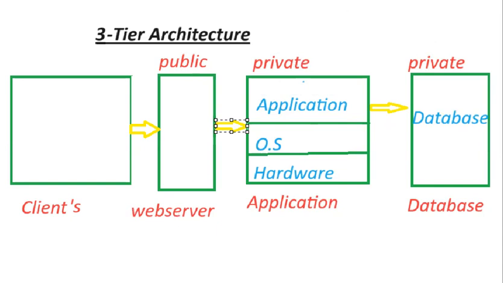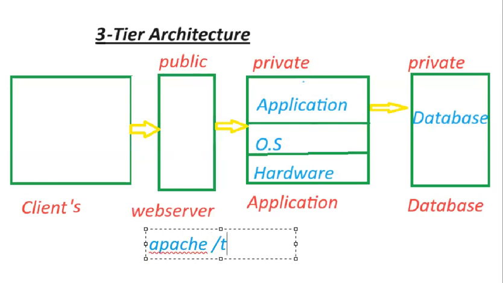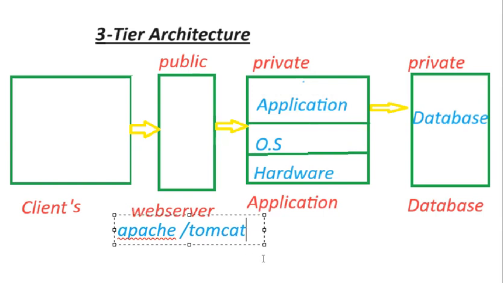You can say web server is nothing but Apache or else Tomcat, which can be used as web servers, so that based on the configurations, the client can communicate with the privately hosted application. We are just hosting the web server in public, and the other things, that is the application or else you can say database, which is hosted in private.